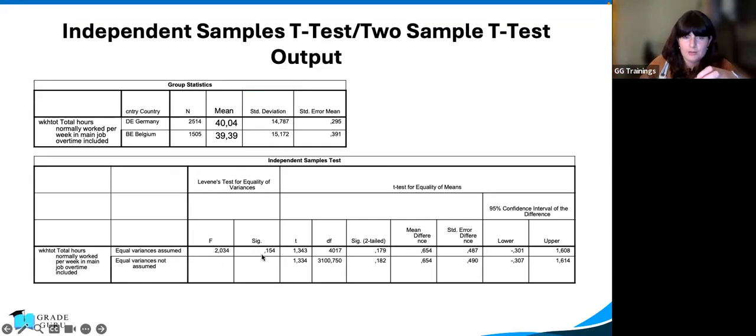So when we interpret this p-value, we say, if p is low, H0 has to go, right? If your p is low, you would reject the Levene's H0, which means you would reject the top row and accept the H1, which is the bottom row.